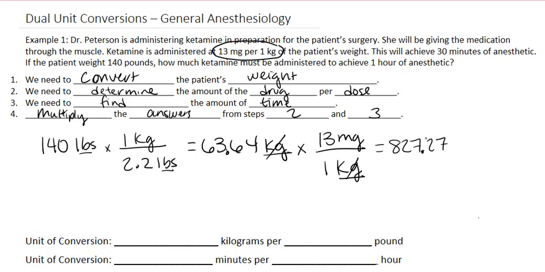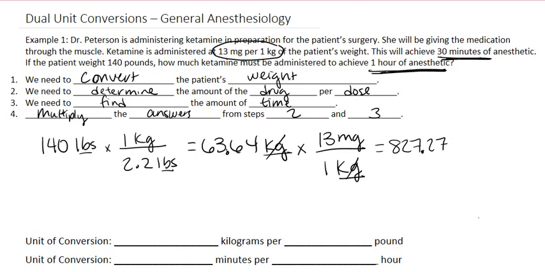And now we need to find the amount of time. So we have 30 minutes and we need it to be an hour. So now we need to look at time. We need an hour's worth of anesthetic, but we're only given 30 minutes.